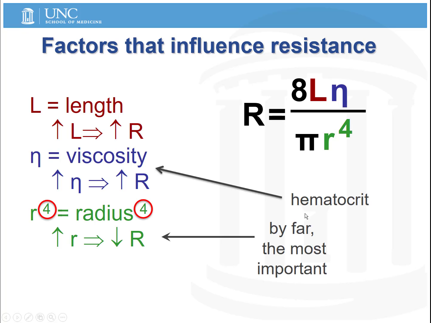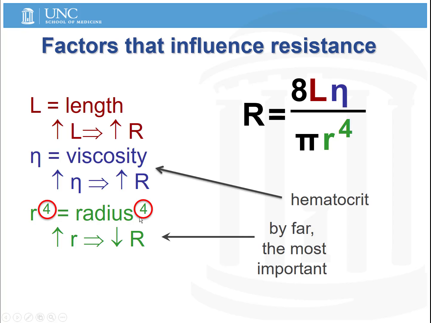And finally, the most important factor by far is the radius of the tube or the vessel. And this is because, as we said, the greatest shear forces develop between the walls of the vessel and the fluid. So here we see that the radius to the fourth power is inversely proportional to the resistance. So that means the greater the radius is, or the larger the vessel, the smaller the resistance is.